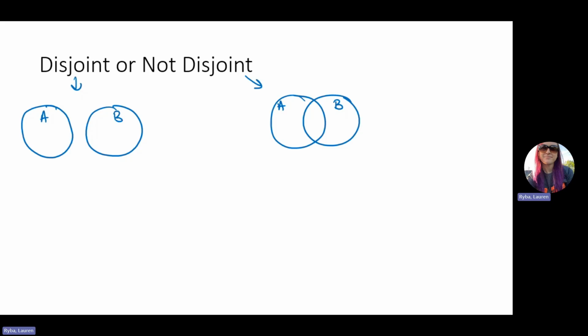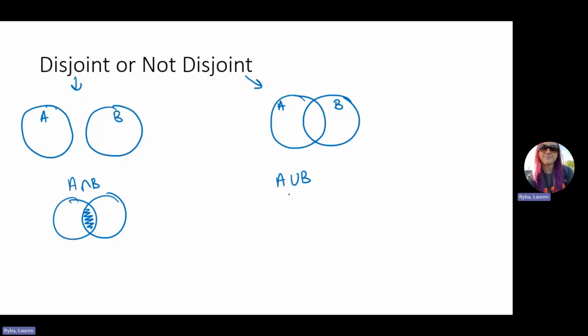So when we did our set counting, if it was A or B, I just added what was A to what was in B, versus the other one, we did A plus B minus the overlap, because the overlap counts those pieces twice. So remembering that A intersect B is in the middle there.